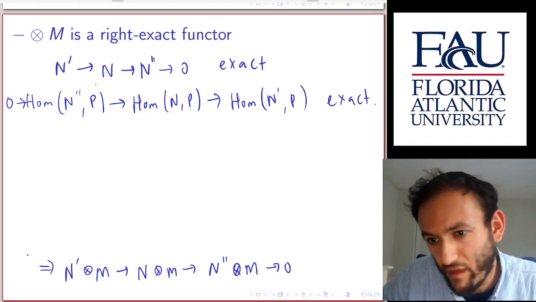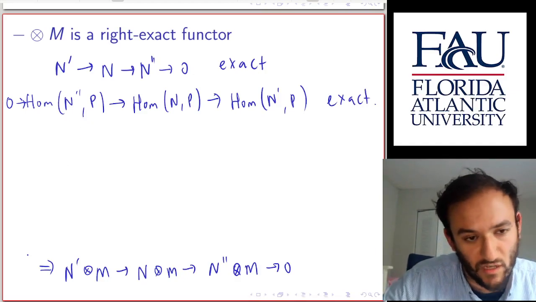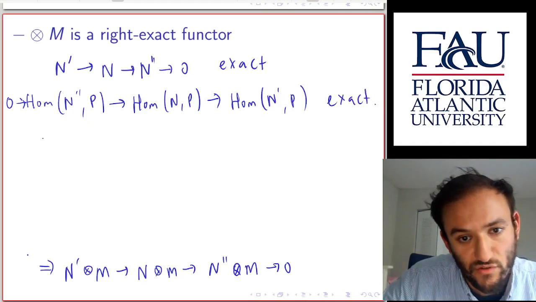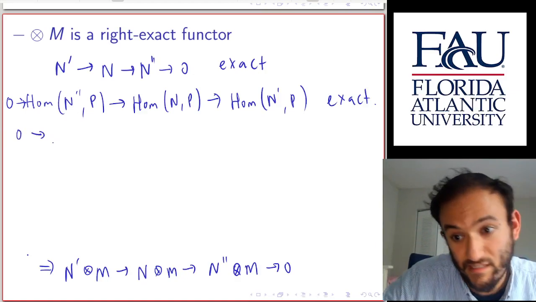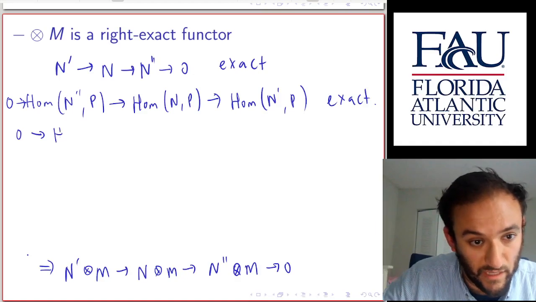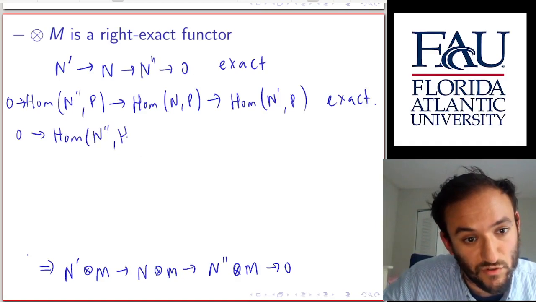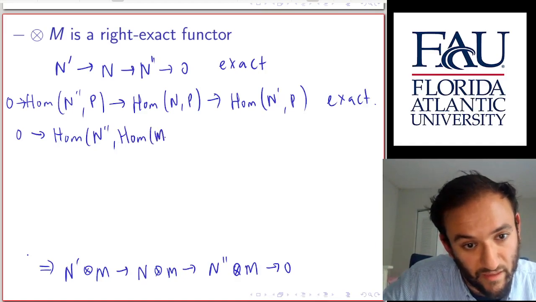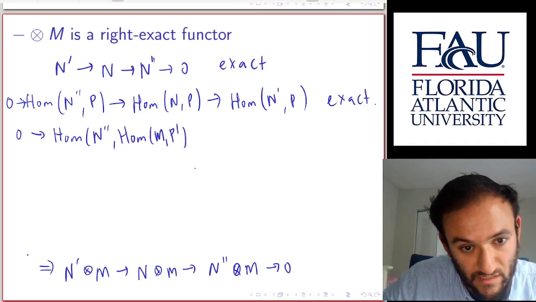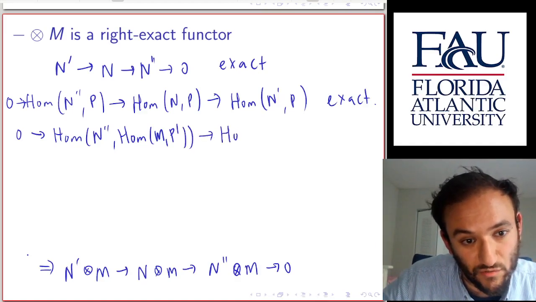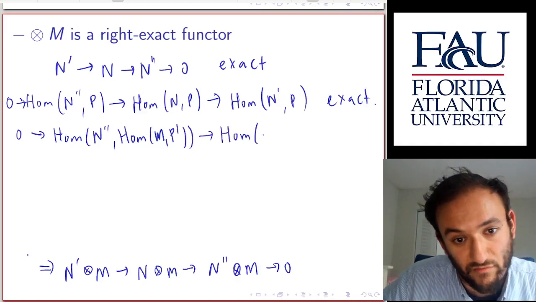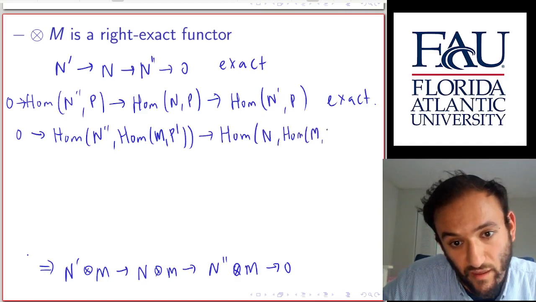But it doesn't really matter what p is here, what module p this is. So we can pretend that it is itself a Hom module. So we have a Hom of n double prime to Hom of m, and now let's make it p prime because this is a new module, and then we can map that to Hom of n to Hom of m p prime.